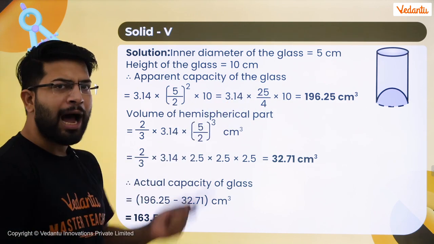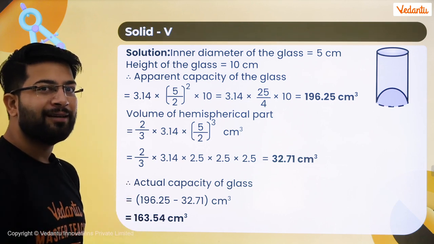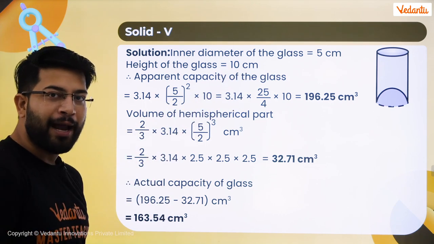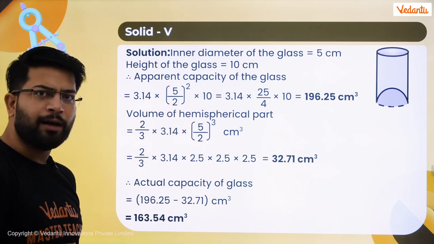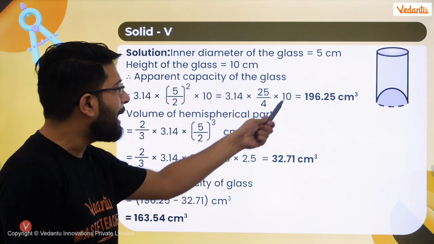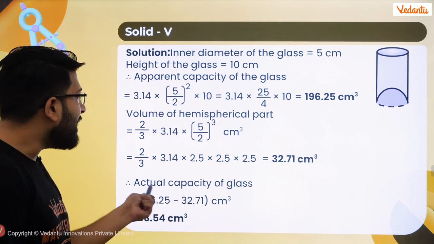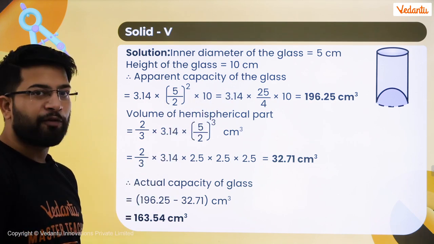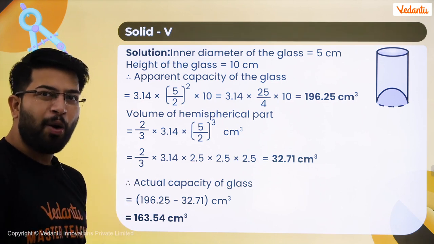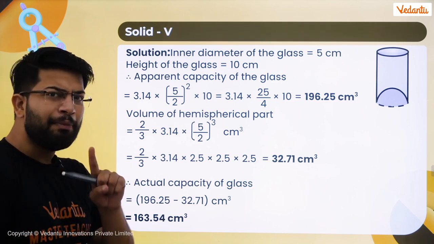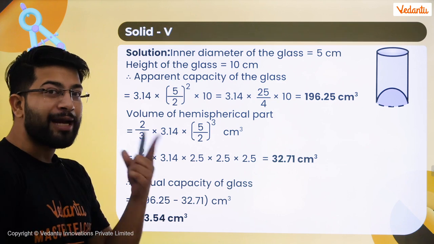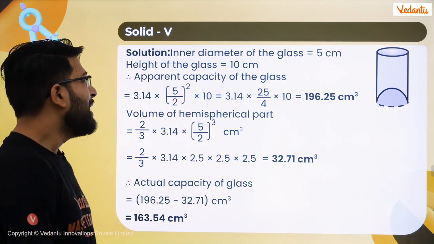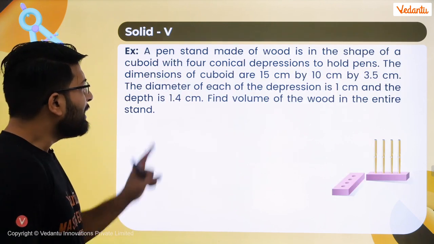We know the radius, we know the height, but for the actual capacity, we take the capacity of the cylinder minus the capacity of the hemisphere, and we will get the actual capacity of the glass. That means in this kind of glass, the amount it holds will be less than the actual glass. So make sure next time you are going outside for a juice or for anything, you are checking the glass. Okay? So now, Chem, let's see this question.